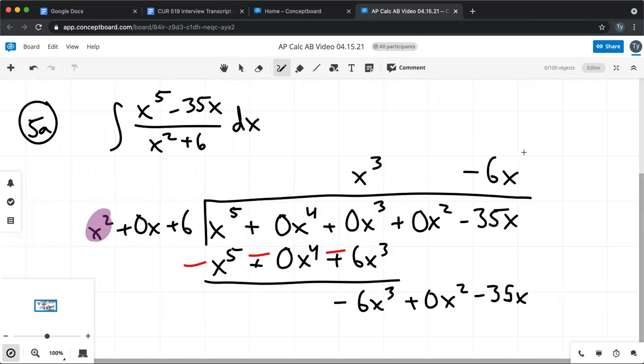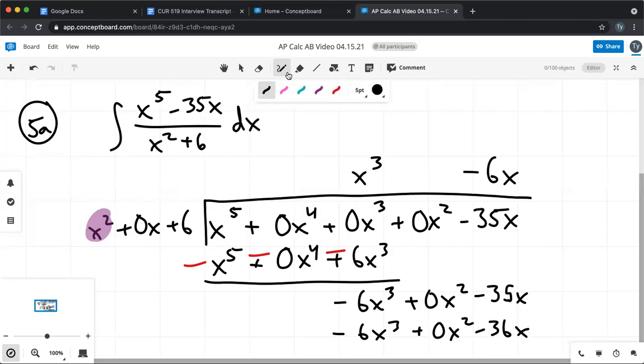Same deal as before. We have our new term. We're going to multiply our new term by each of these. So we have negative 6x times x squared gives us negative 6x cubed. Negative 6x times 0x gives us 0x squared. And then negative 6x times 6 gives us negative 36x.